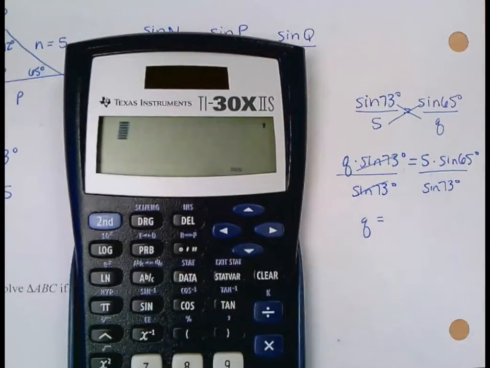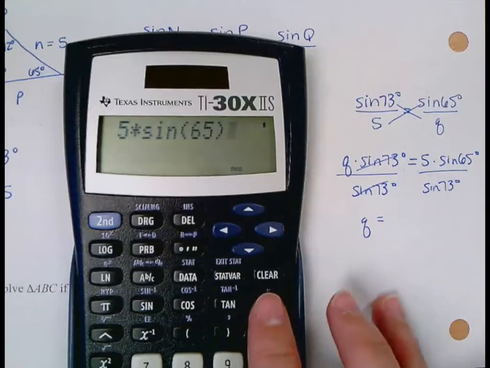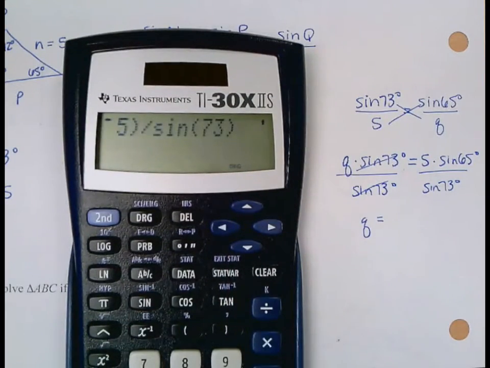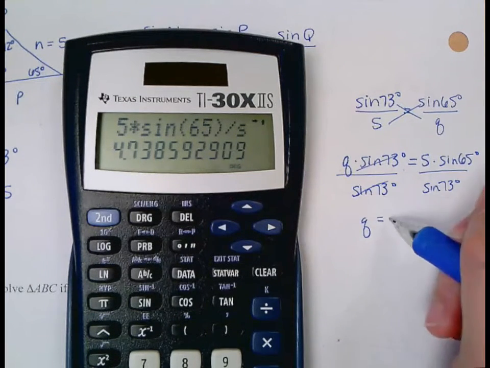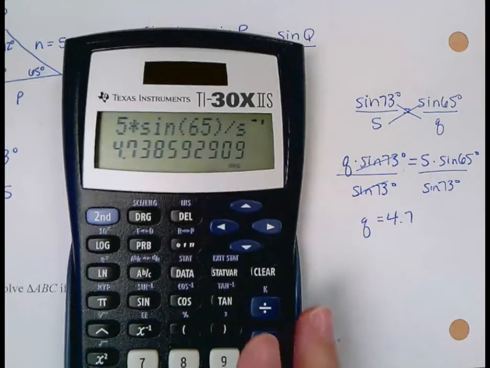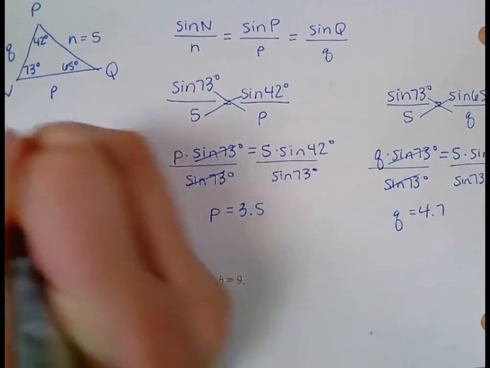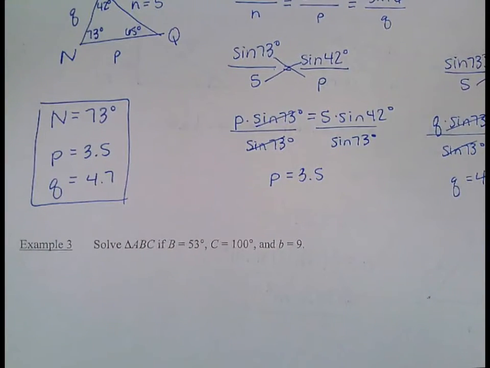So we would have 5 times sine of 65 divided by sine of 73. And q is about 4.7 if you round to the nearest tenth. And you have found everything that was missing, so you've solved that triangle. Any questions?